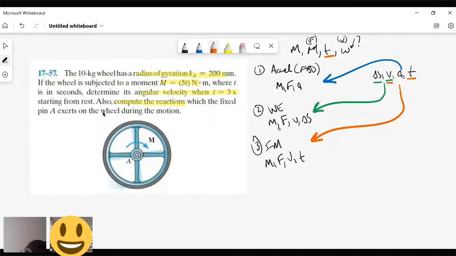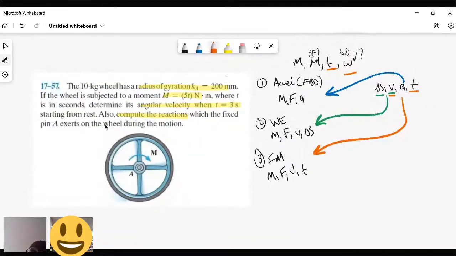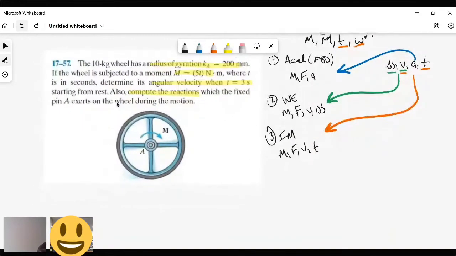When they asked me for the velocity, that fixed itself in my head because they gave me time. Mass and moment are just examples of mass and force. Moment is just rotational force. So I know I'm going to use impulse momentum. Make some sense? Yeah. So we're going to use impulse momentum.